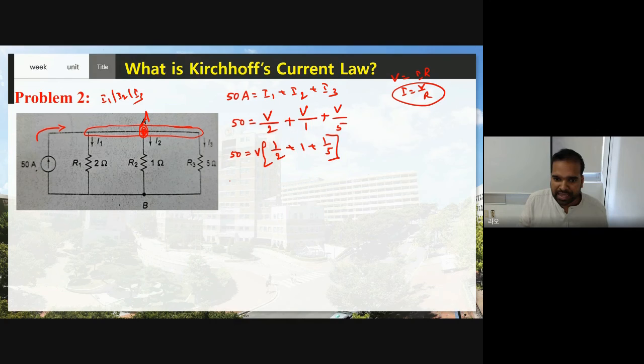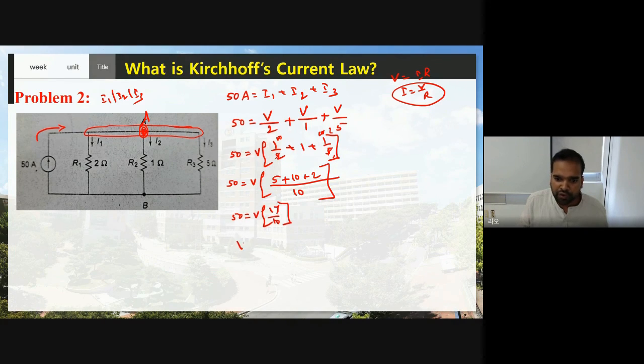Now what would be the LCM here? The LCM is 5 into 2, 10. So 5 ones are 5, 2 ones are 2, and 2 fives are 10, and here the denominator is 10. Now 50 equals voltage times 17 by 10.